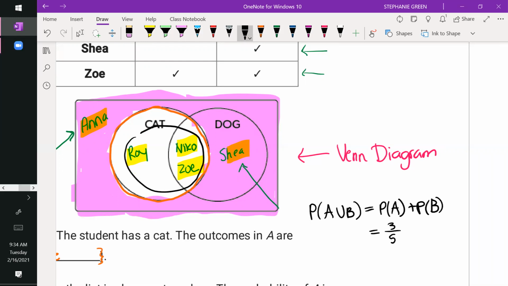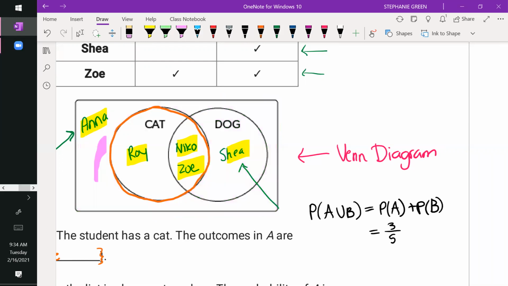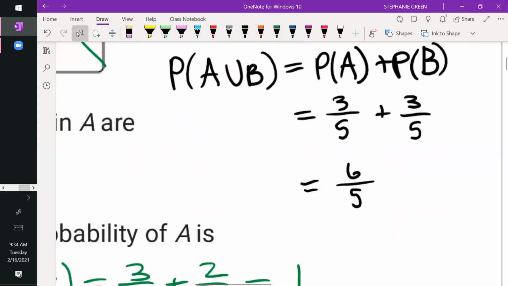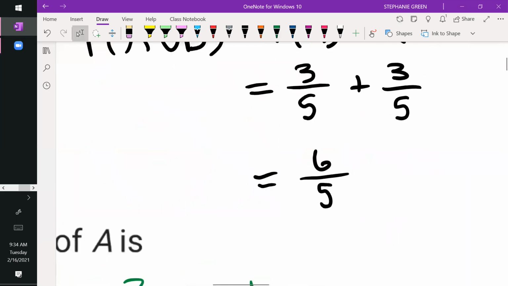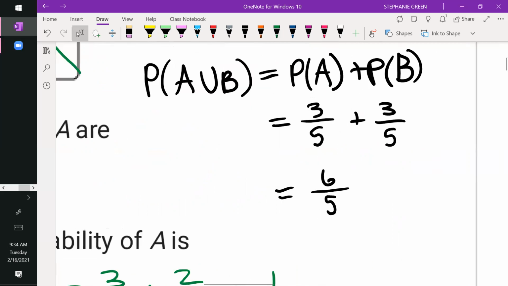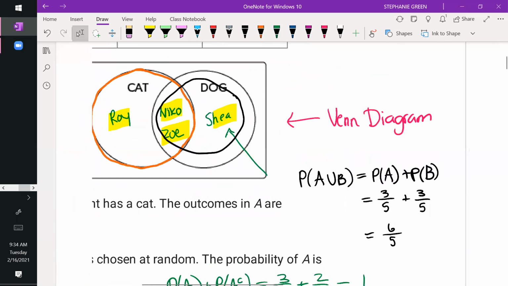The probability of B having a dog is also 3 out of 5. And when I add those two probabilities together, I get 6 out of 5. But wait a second, probability should never be bigger than 1. 6/5 is more than 1. So why do we get a probability greater than 1 when I follow that rule here?